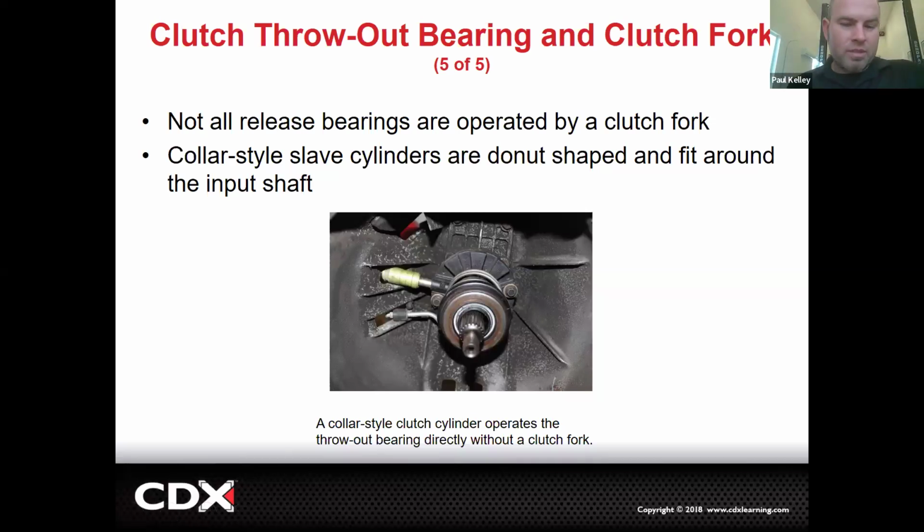So can the old school slave cylinders, but if it's an external slave cylinder and it's fighting me, I can always unbolt it and move it around to try to get the air freed up to come out the bleeder. Sometimes they actually have SSTs, special service tools, that are used to perform the bleeding. So this Jeep I know is going to be a pain in my butt because it's got this concentric style. It's going to be a hassle.